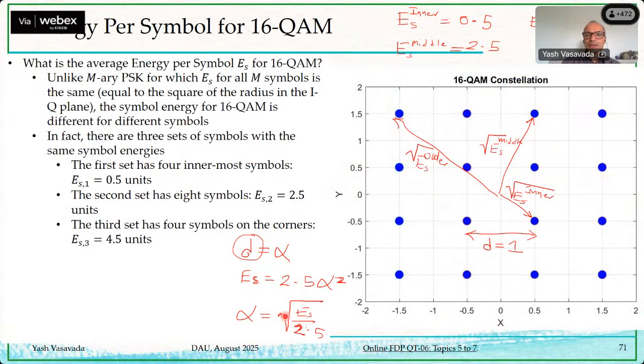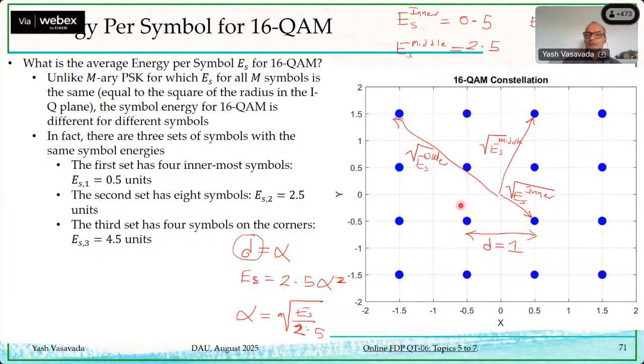So we can do some very simple math and evaluate for 64-ary QAM what is the average energy per symbol when the distance between 2 consecutive symbols is 1 unit, as it is shown here in this diagram.